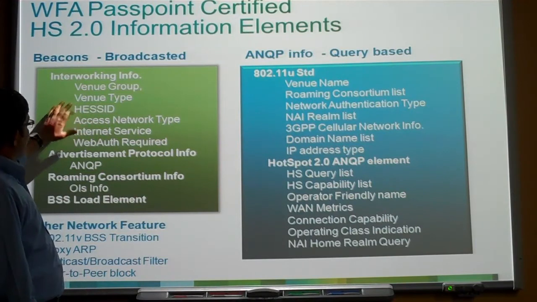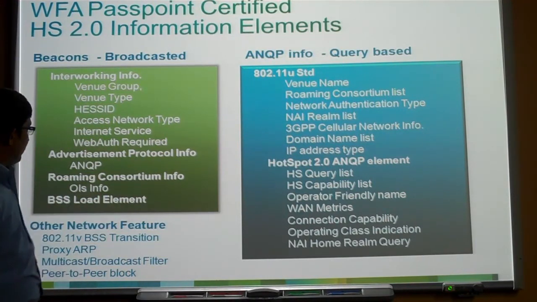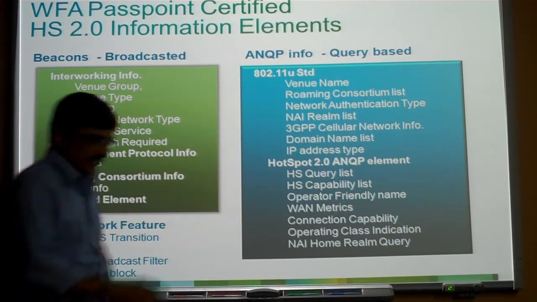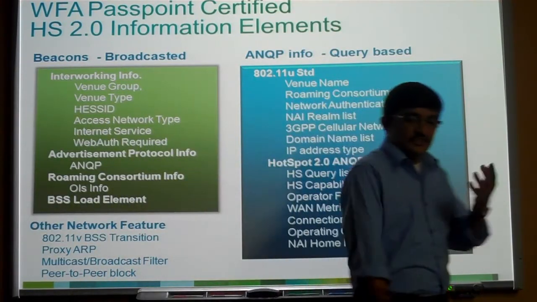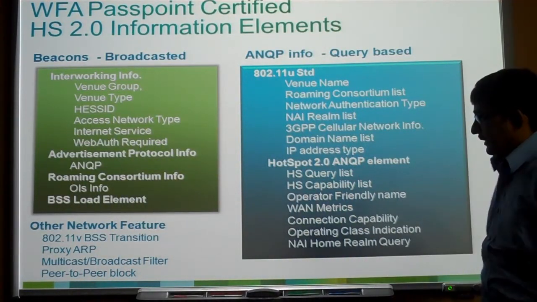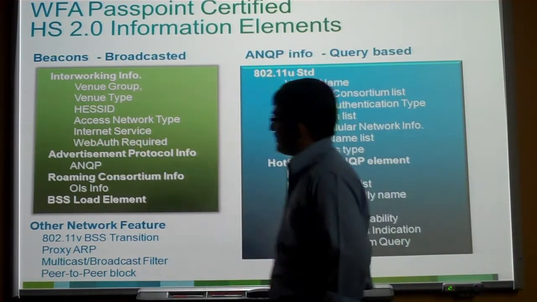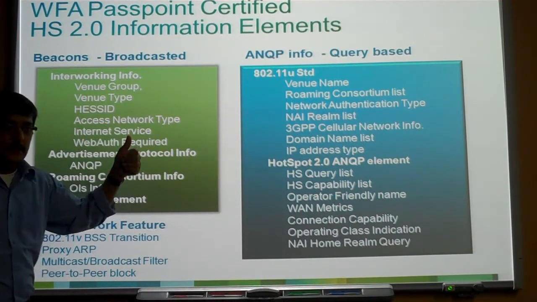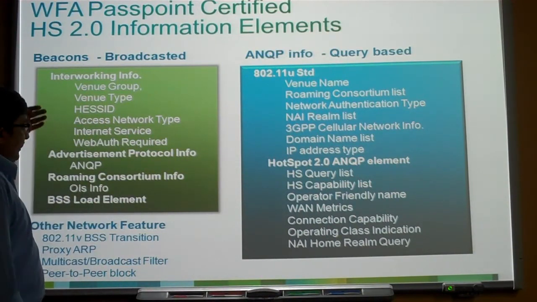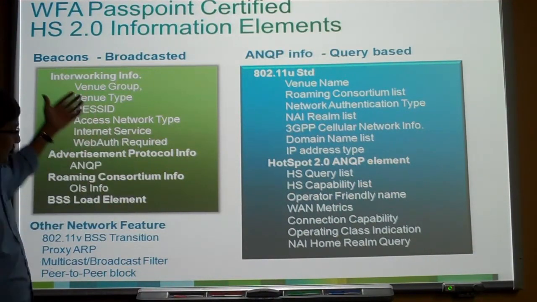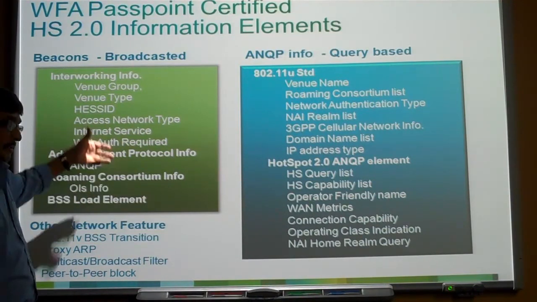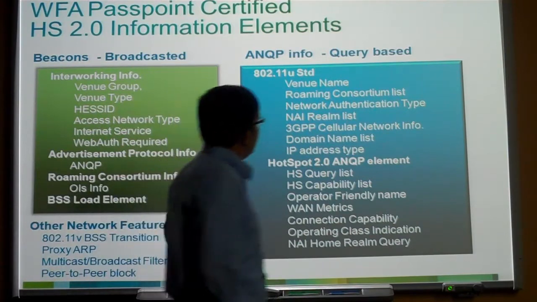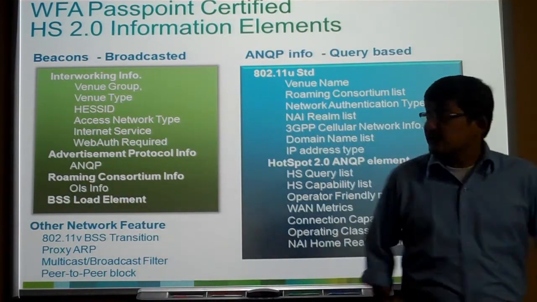Once the handset, whether it is the Samsung, HTC Hero, or any of the smart devices, has the checklist pre-built, or they can customize it, they meet those checklists, one of these, or all of these, or some of these. They say, yeah, I think I'm ready to associate with this network.